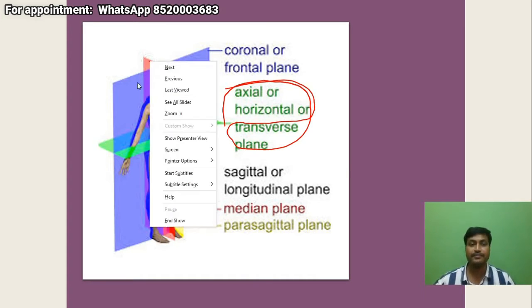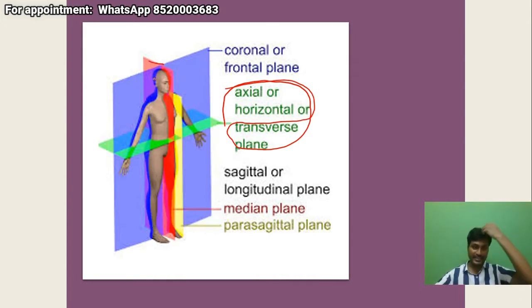When you take a sagittal cut, it divides the patient into right and left. It goes in the plane of the nose. And what is the coronal plane? The coronal plane is the plane going through the ears. It's parallel to the ears, so it divides our body into anterior and posterior portions.